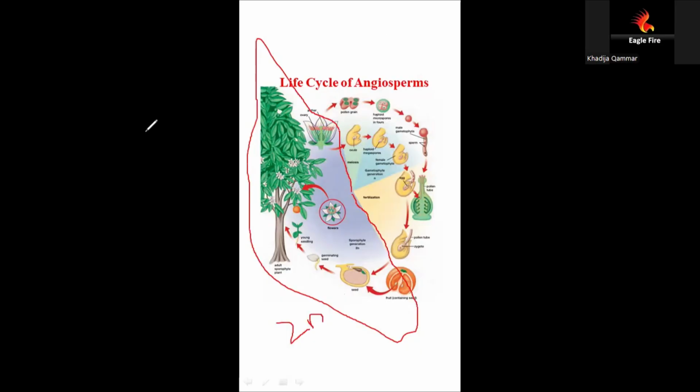And let me show you the remaining portion. This is the gametophyte generation. This is very short-lived. And let's discuss the sequence of the life cycle of angiosperm plants in detail.